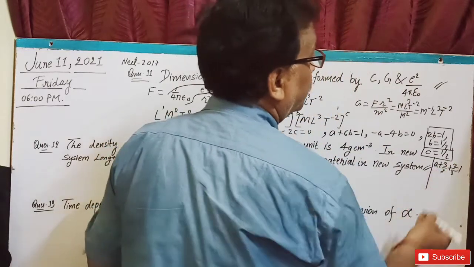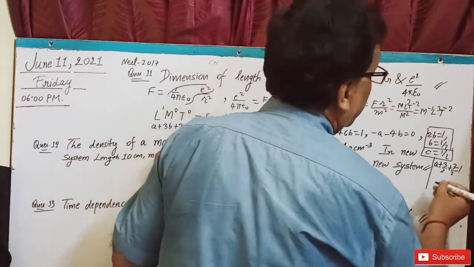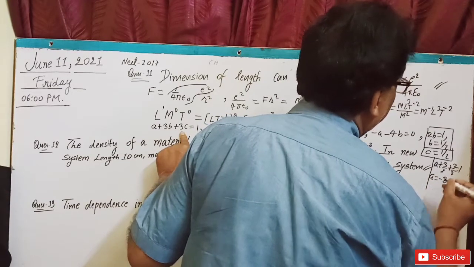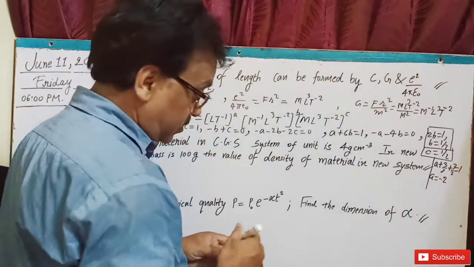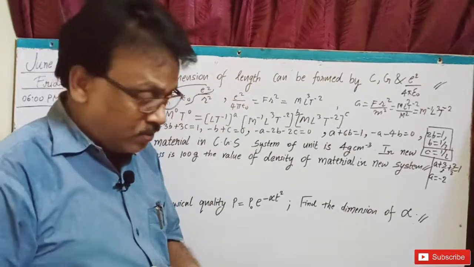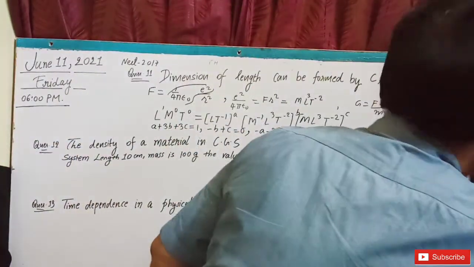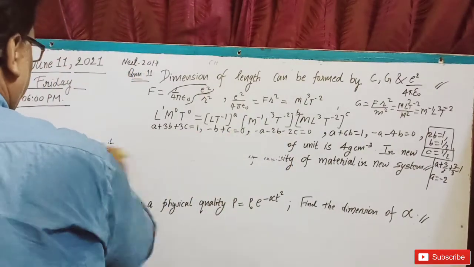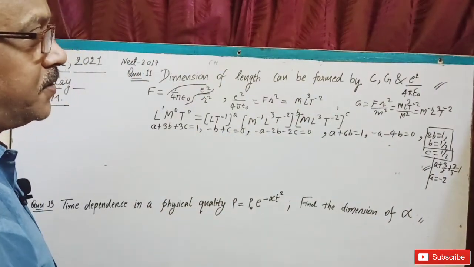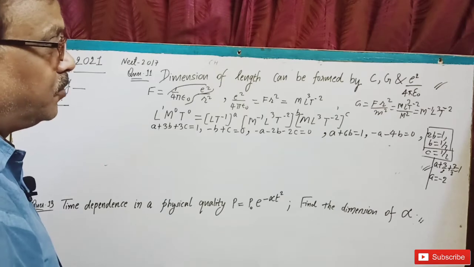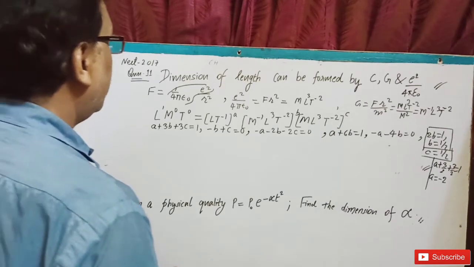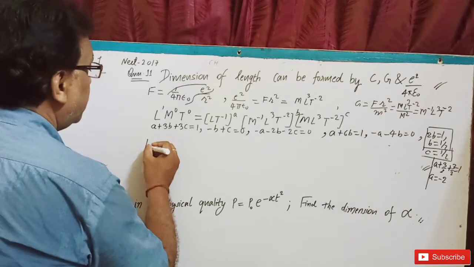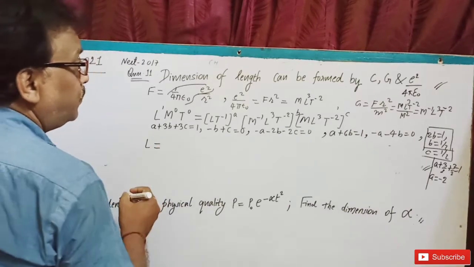So 3 by 2 plus 3 by 2 goes to be 3, and a is equal to 1 minus 3, which is minus 2. So we get all the three unknown variables.